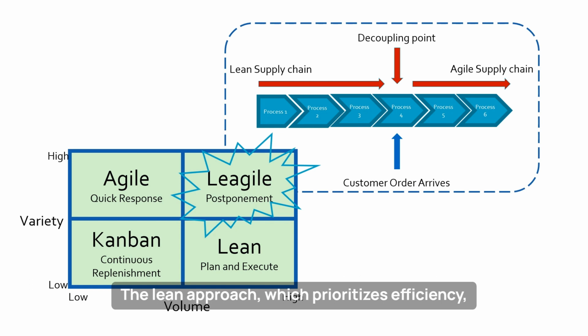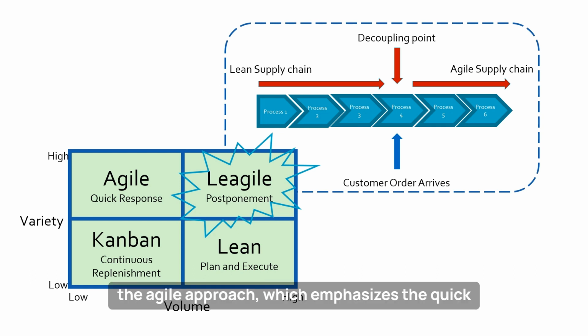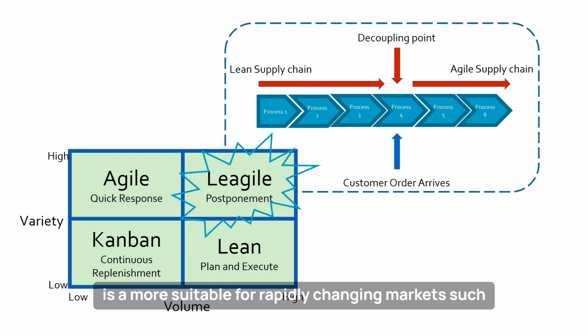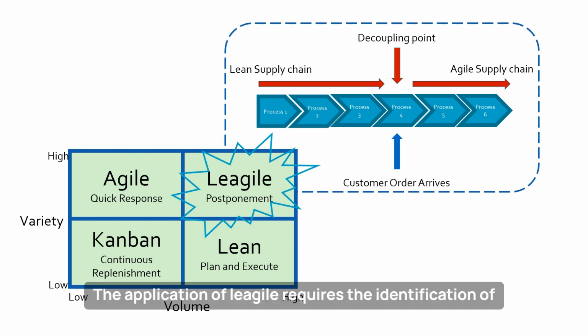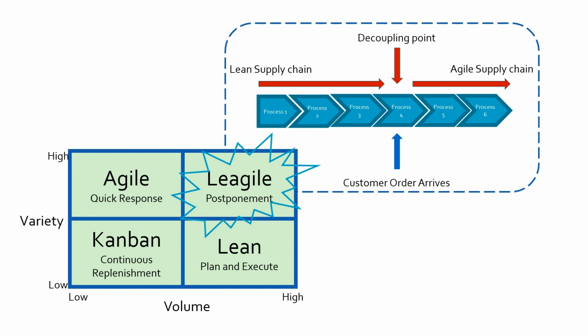The lean approach, which prioritizes efficiency, is more appropriate for relatively stable markets where the cost is a significant concern. On the other hand, the agile approach, which emphasizes the quick response to market needs, is more suitable for rapidly changing markets, such as the fashion industry. The application of leagile requires the identification of a material flow decoupling point.